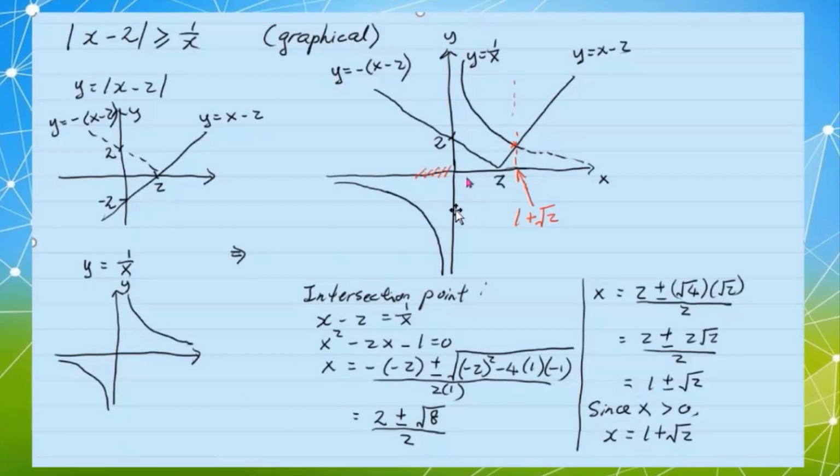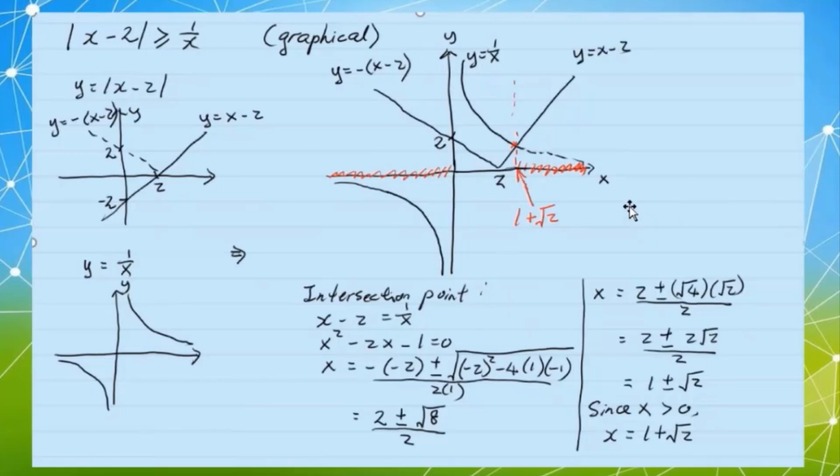So therefore, we can make conclusion that when modulus x minus 2 is greater than 1 over x, the value of x is less than 0 and greater than 1 plus square root of 2.